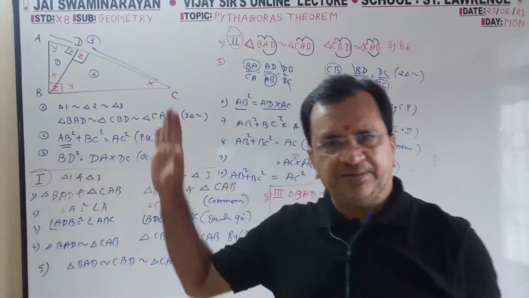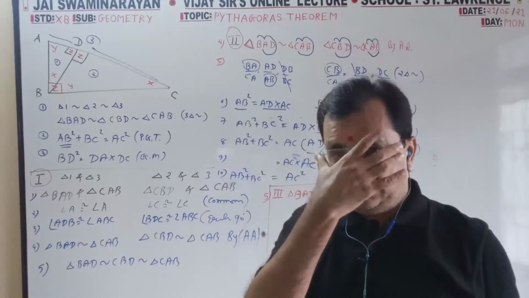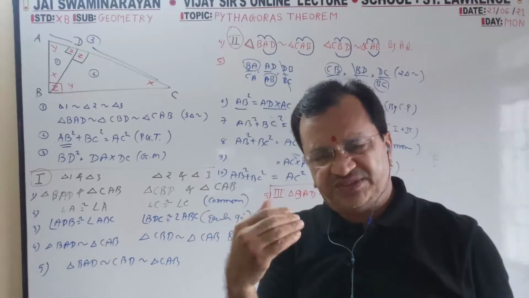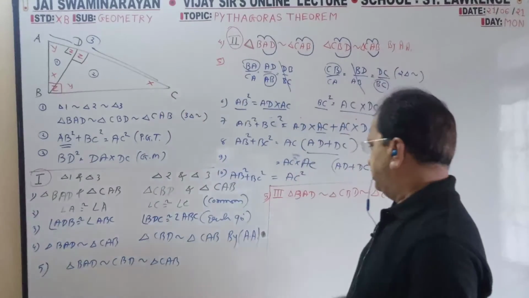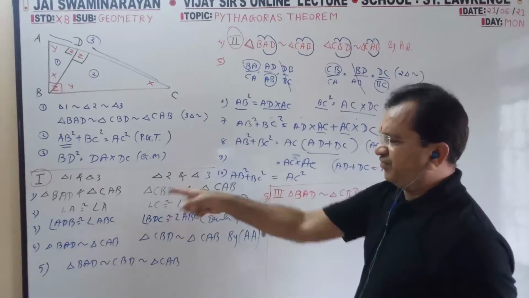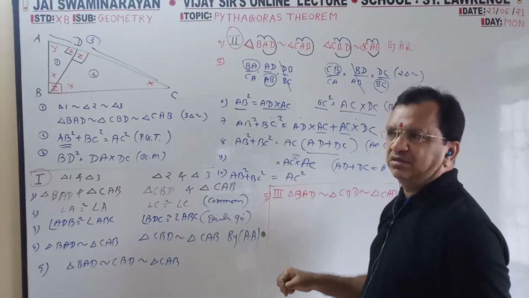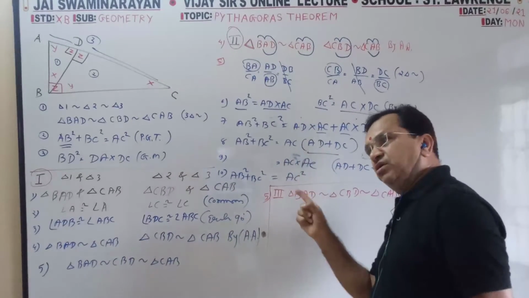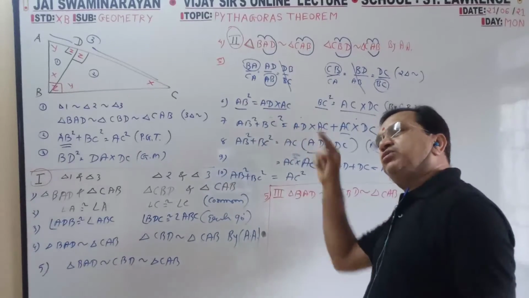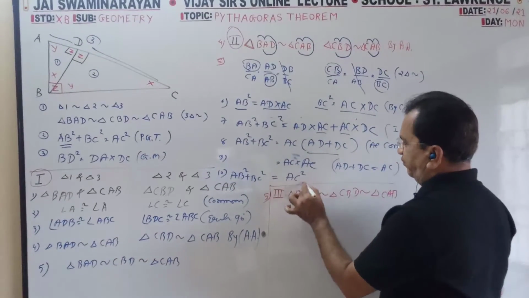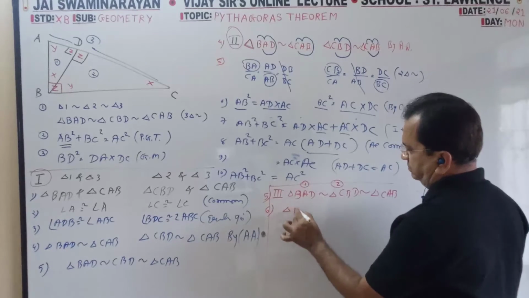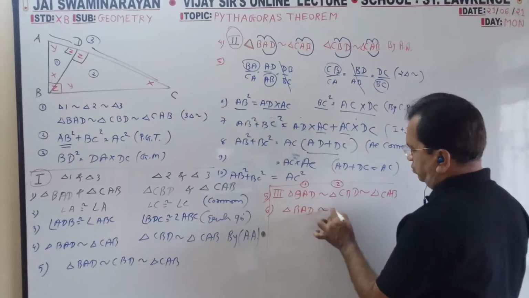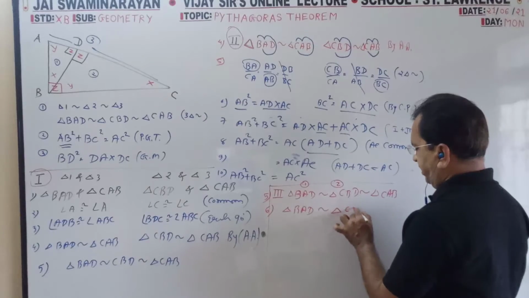I have explained how to write these 5 steps. From the fifth step you can prove the third theorem. Now here I have taken first and third, here I have taken second and third. First similar to third, second also similar to third. So first and second are also similar to each other.